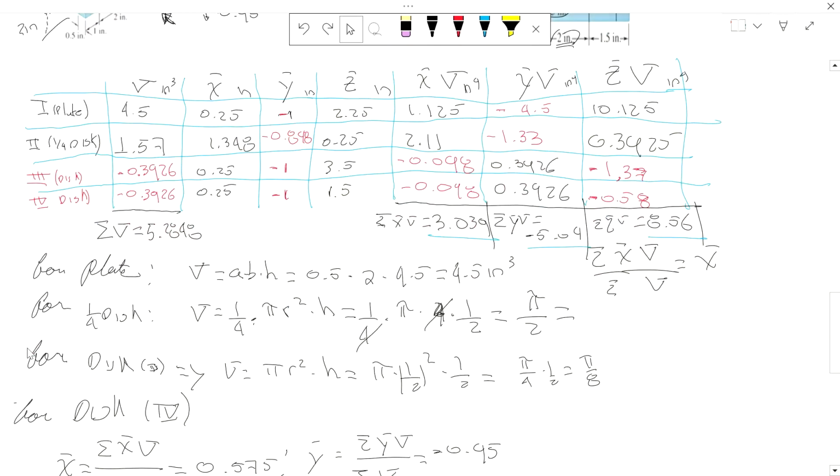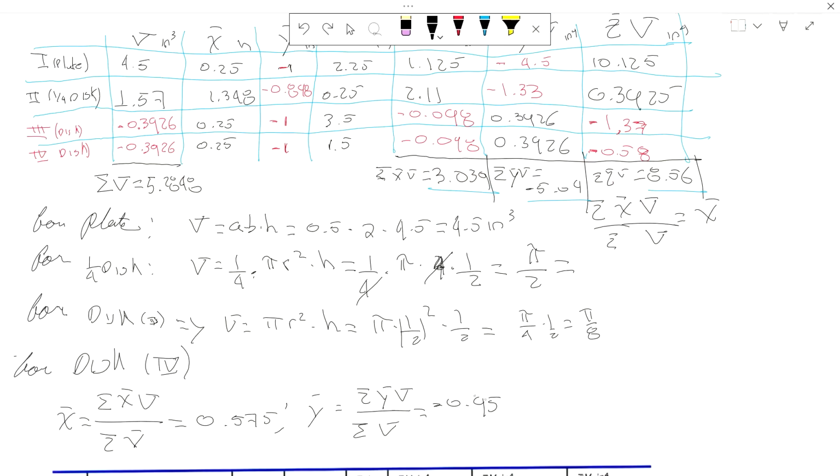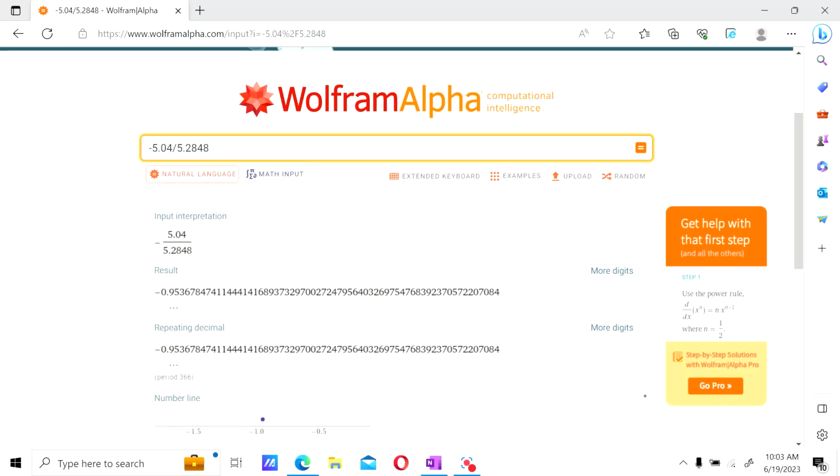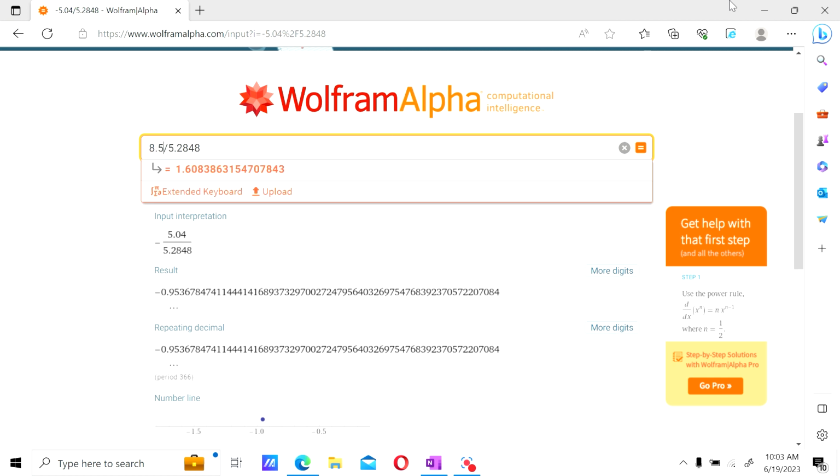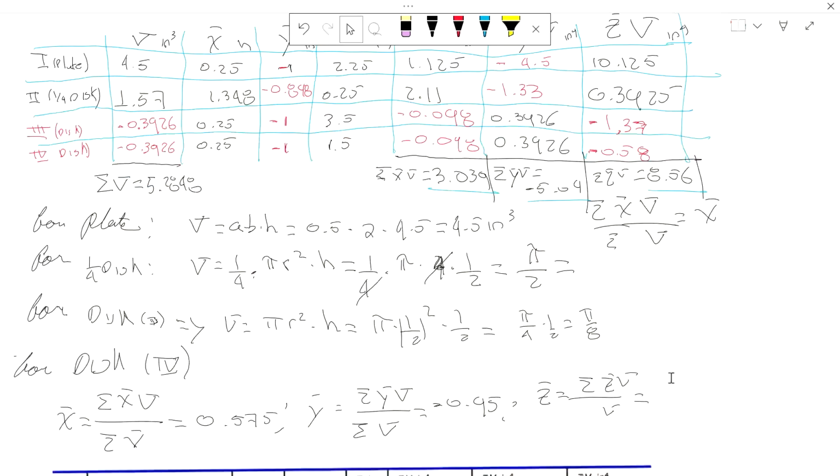So for z, we have summation of z volume divided by volume equals 8.56 divided by summation of volume, which is 1.62.